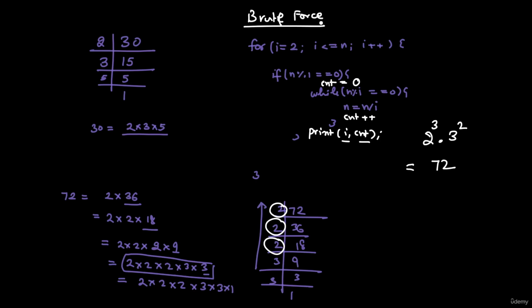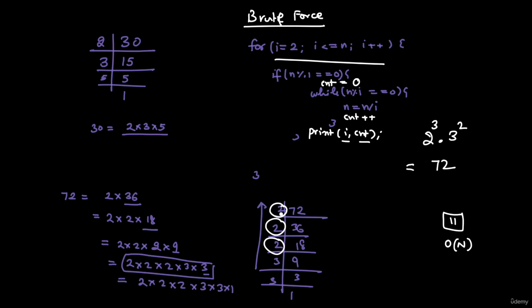And what would be the time complexity of this approach? So effectively, in the worst case, when let's say n is a prime number, let's say n is 11, this for loop is going to run n times, and this while loop is going to run only once. So it is going to run order of n times. Okay, but for other numbers like let's say 36 or 72, the value of n is going to become smaller if you divide it with 2.